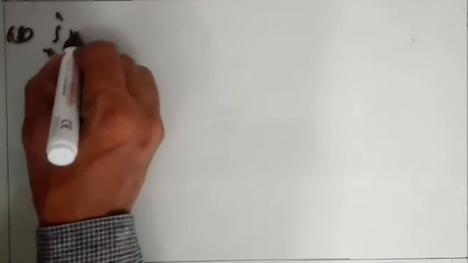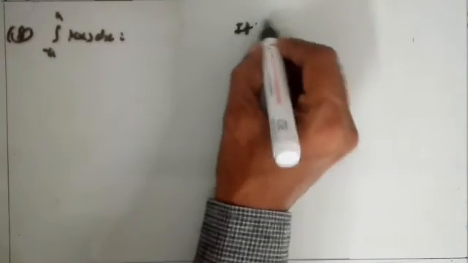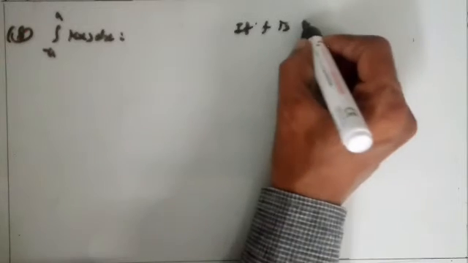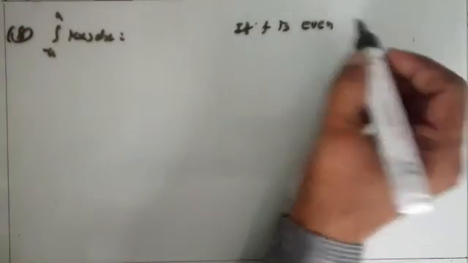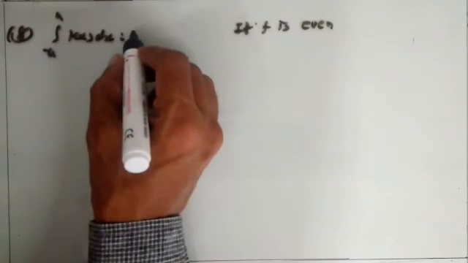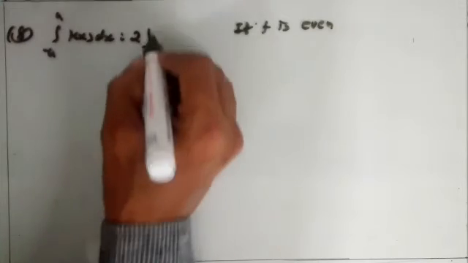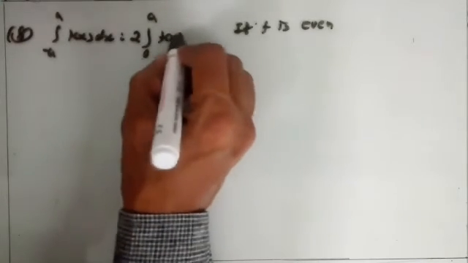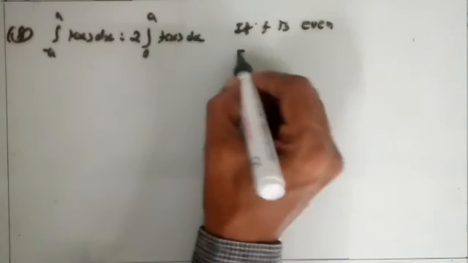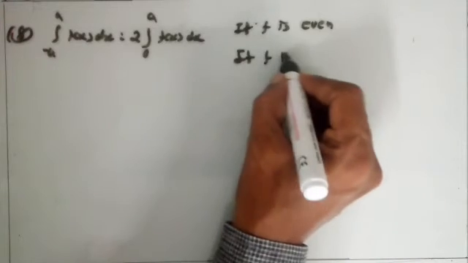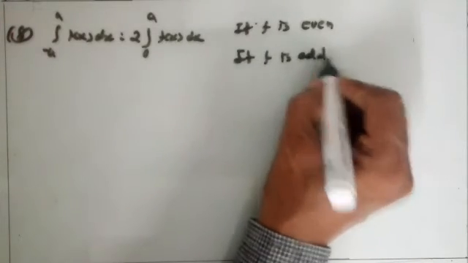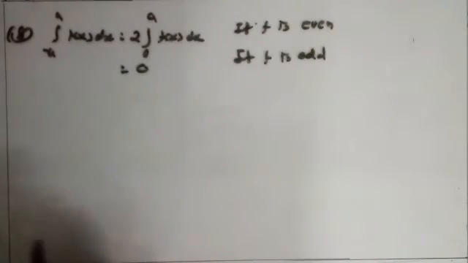Now property 8, integration minus a to a f(x) dx is equal to, if f is even, then this becomes 2 times 0 to a f(x) dx, and if f is odd, then it becomes 0.